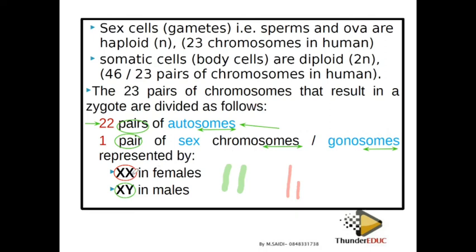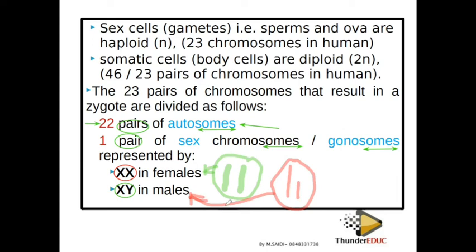X and X are the same, right? So once they are the same, whether short or long, you know this is a female, okay? Because they are the same. Again, X and Y are not the same. So that means one is X and the other is Y. That means this one is a male, not a female. Okay? So you must be smart like that when answering these questions.